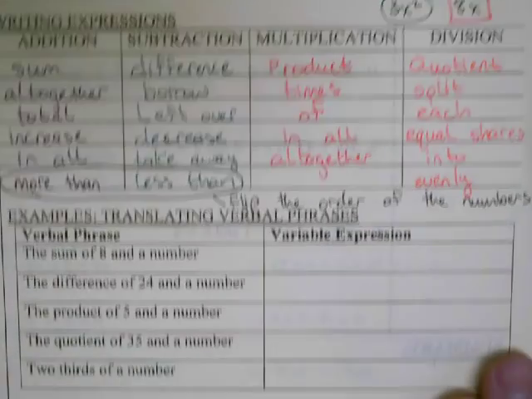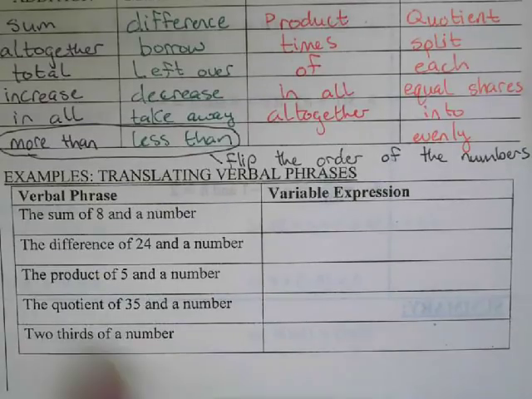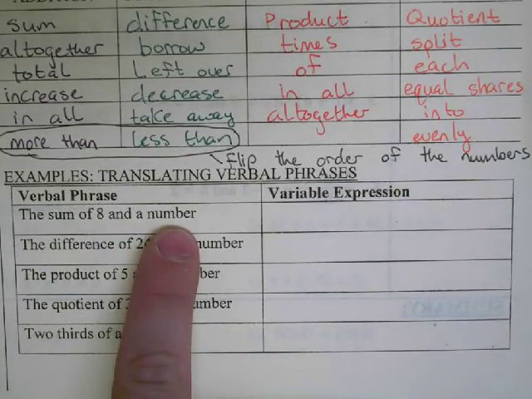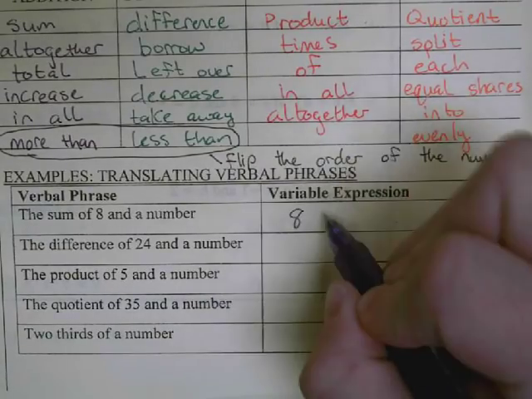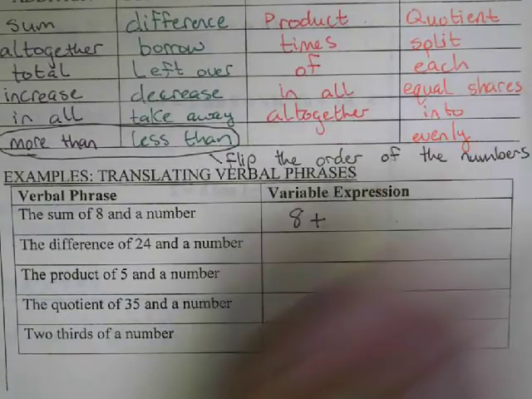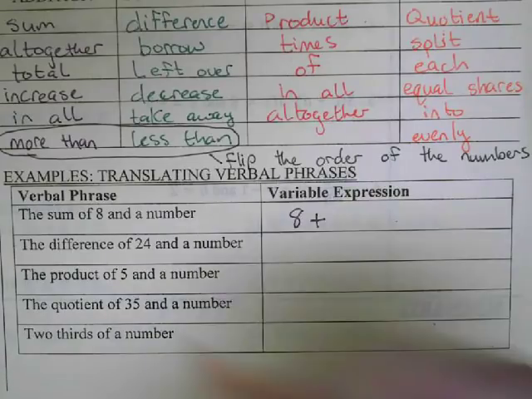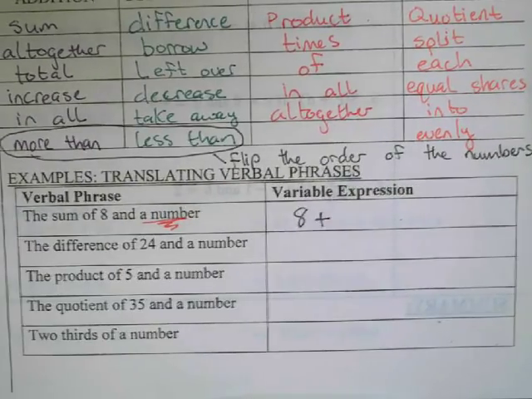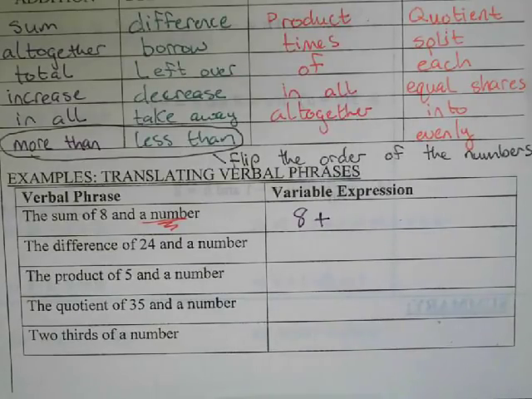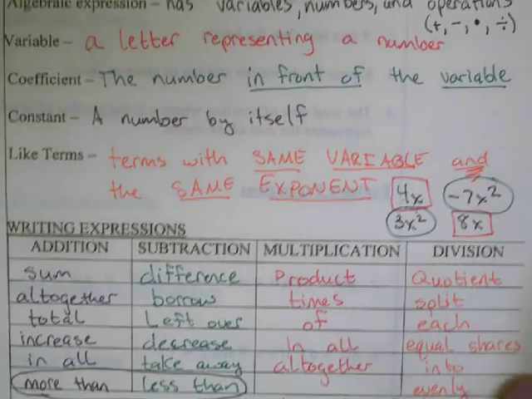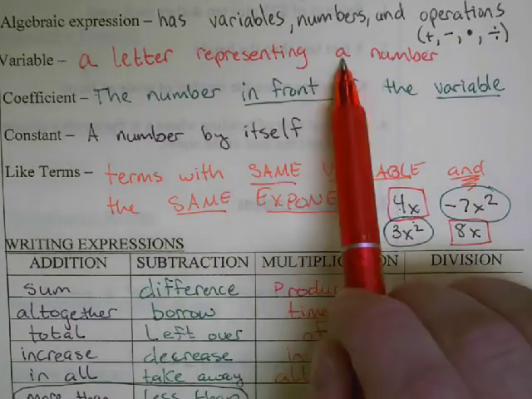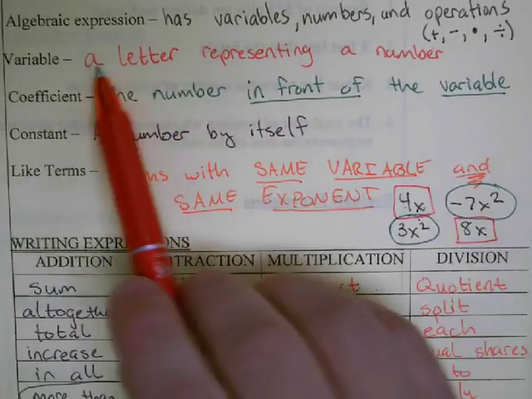Okay, so let's look at some examples. The sum of 8 and a number. Well, the sum of 8 and a number will be 8. And here's the new part. If we don't know the number, what can we use to represent a number? Well, if we look up here, when we're trying to represent a number, we can use a letter.